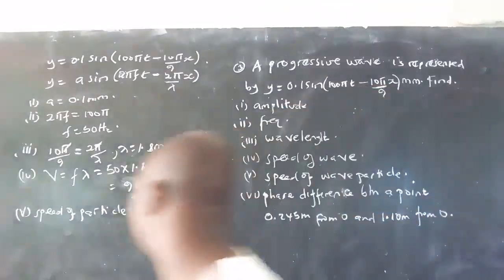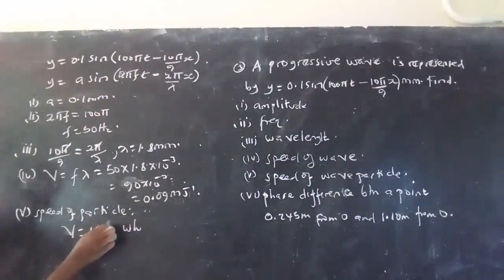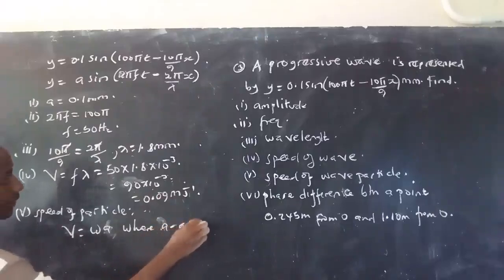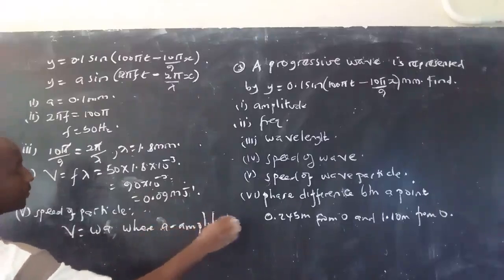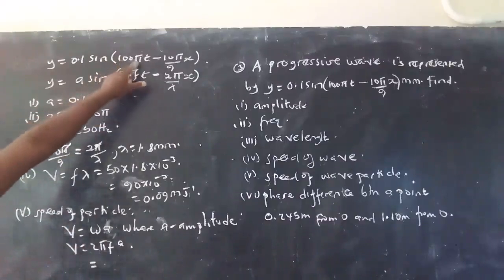Therefore, we shall use this equation: v is equal to omega a, where a is amplitude. So what is our omega? How do we get our omega? It is 2 pi f. So v will become 2 pi f times a, but then our 2 pi f is same as 100, not so?